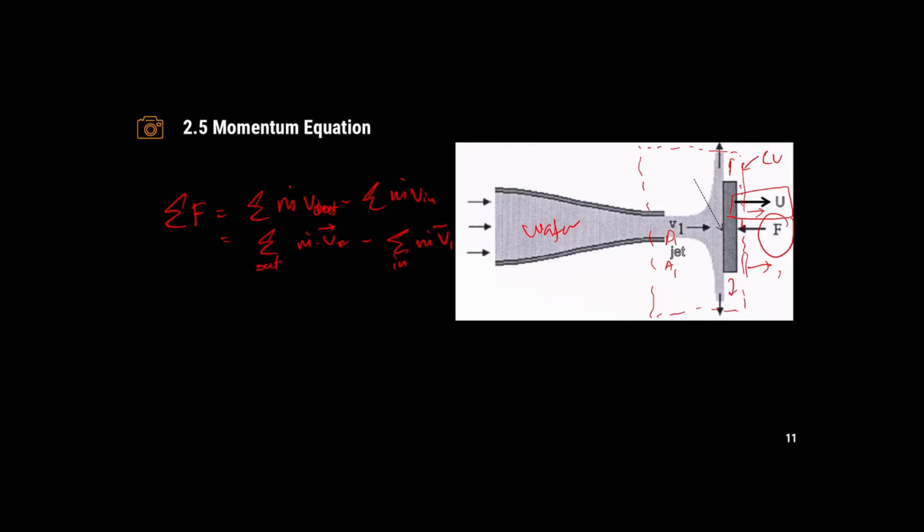Then you can expand this, with this as the x direction and this as the z direction, so you have the resultant force F. R is the reaction or resultant force.